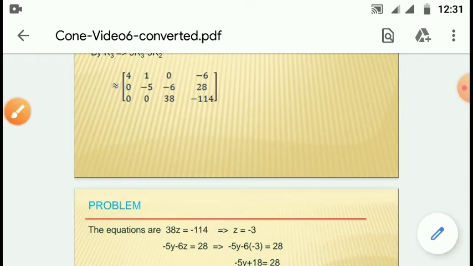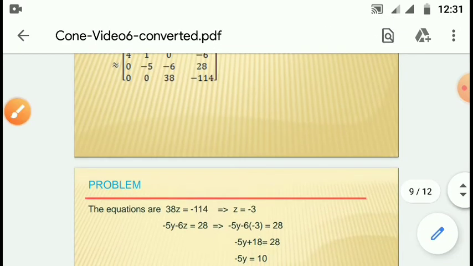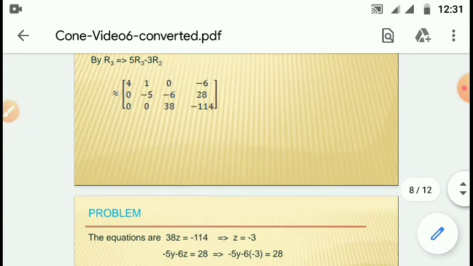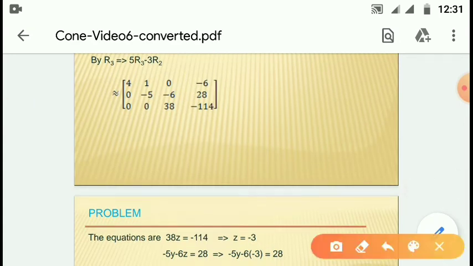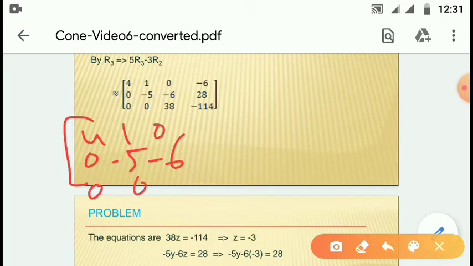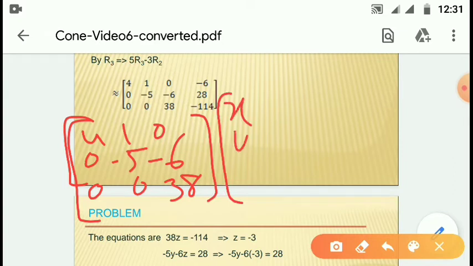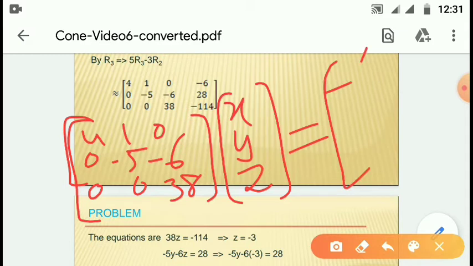So we can rewrite the given equations using this echelon form. That means the matrix with rows 4, 1, 0; 0, minus 5, minus 6; 0, 0, 38, multiplied by x, y, z, is equal to minus 6, 28, minus 114.